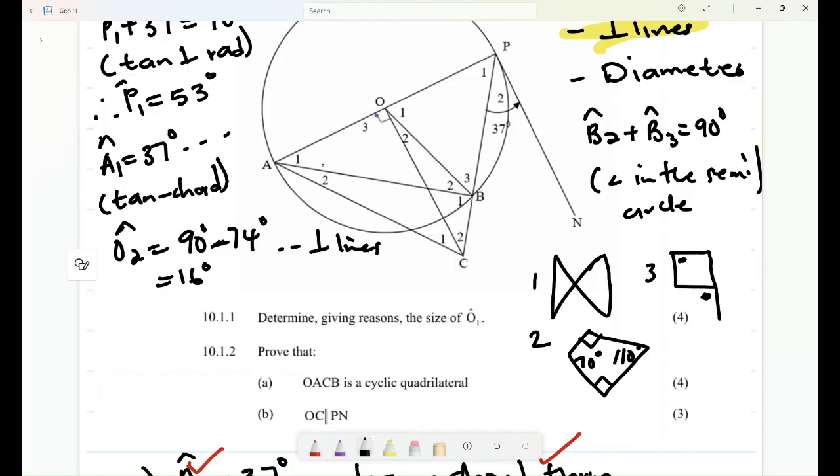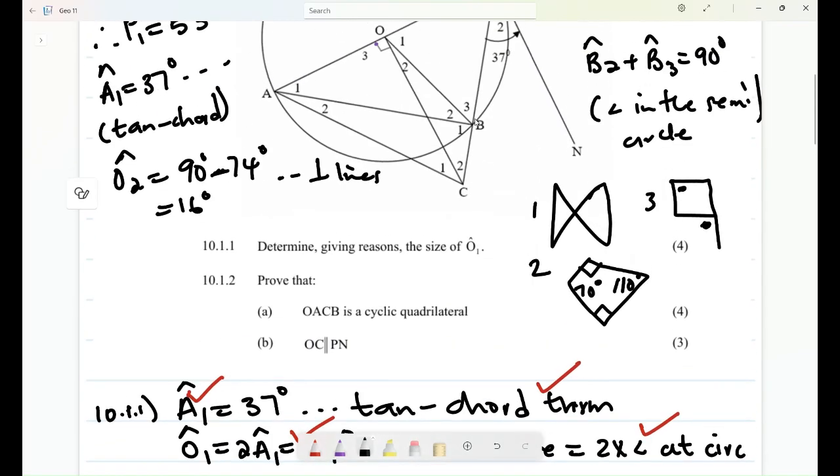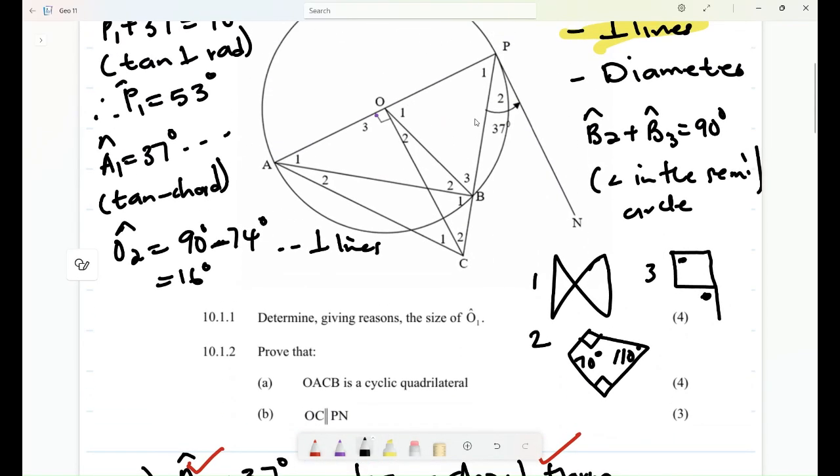Let's hear this question: prove that OC is parallel to PN.